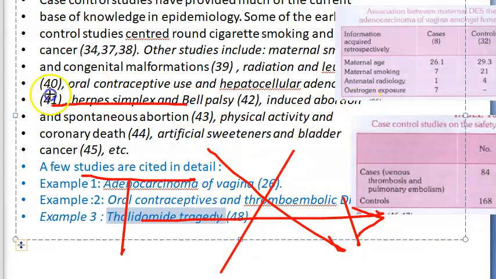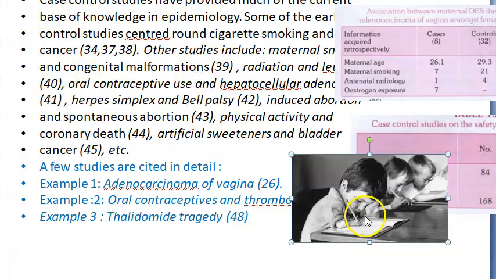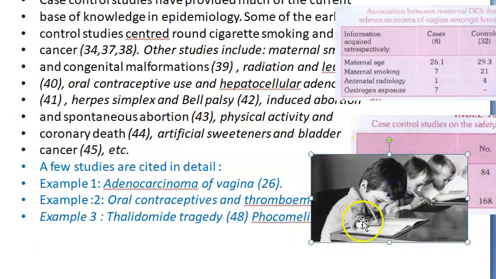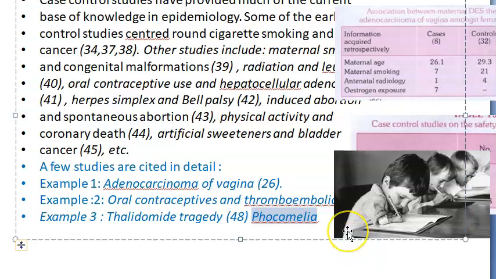You're going backwards and finding out, now that you have the problem, did you take thalidomide when you're pregnant? Like that. So this is called as phocomelia. Where people were born with limbs like this because the mother was given thalidomide in pregnancy for hyperemesis, right?